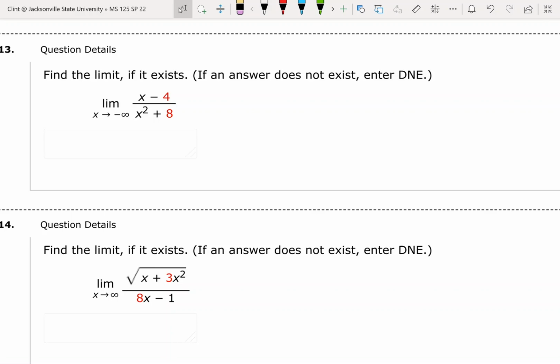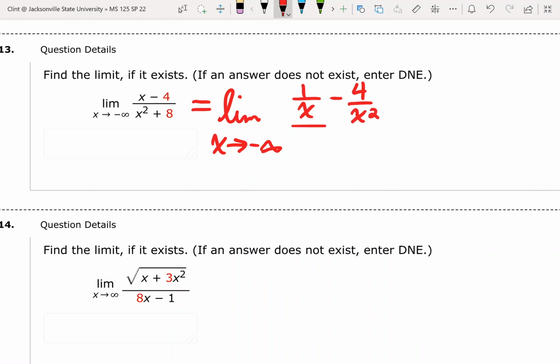So what are we going to divide by? Yeah, we're going to divide everything by x squared. So x over x squared, 1 over x, minus 4 over x squared. And then the bottom, x squared over x squared is 1, plus 8 over x squared.